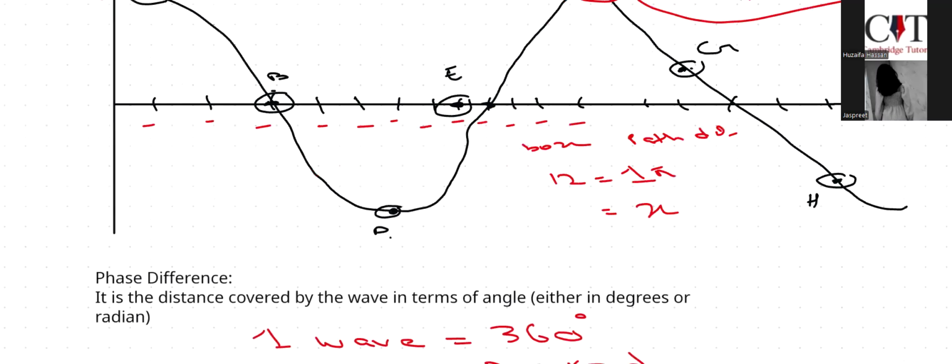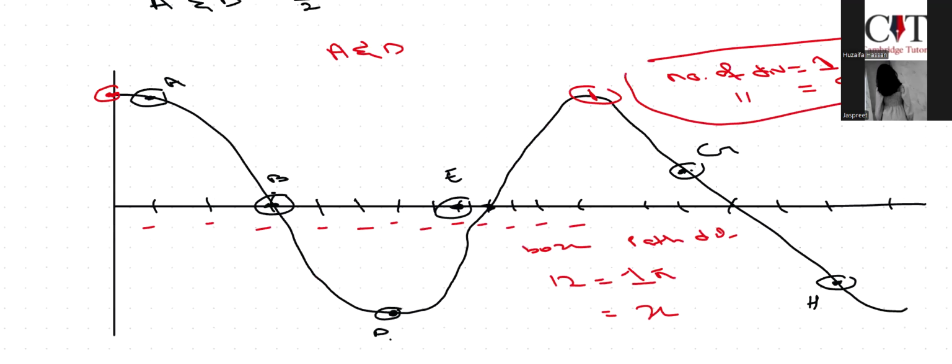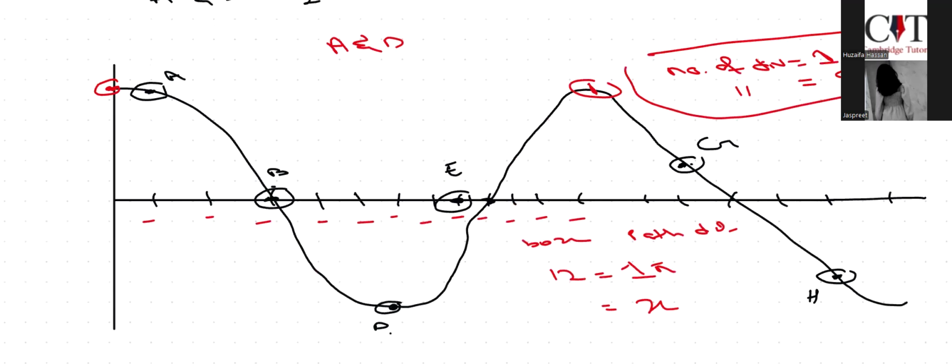Now let's take the same graph, but instead of finding the path difference, we will calculate the phase difference. The question is: calculate the phase difference between the points B and D. The formula remains the same, but instead of one lambda, I would be writing 360, because phase difference is an angle.